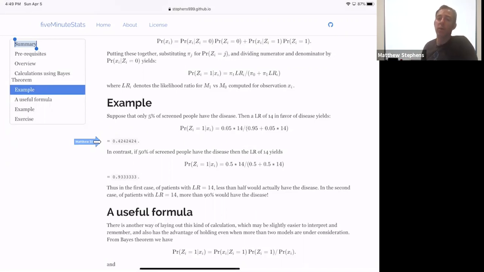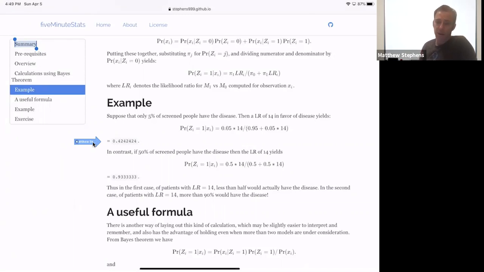I used the word prior probability before; prior means before seeing the data. So before seeing the data, 5% of individuals are diseased. And this is having observed the results of that test, having observed X, what's the probability that this individual is diseased? Having seen a likelihood ratio of 14, we see that the answer is 42%.